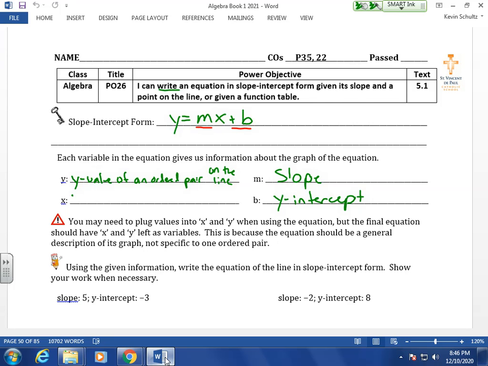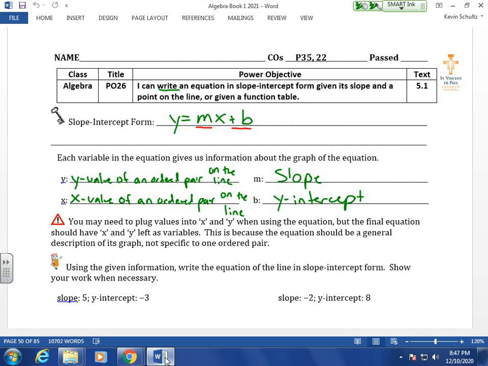The x variable represents the x value of an ordered pair on the line. That's why we can take an ordered pair when we graph it and plug it into the equation for x and y, because any ordered pair that's on the line, its values for x and y will make the equation true.